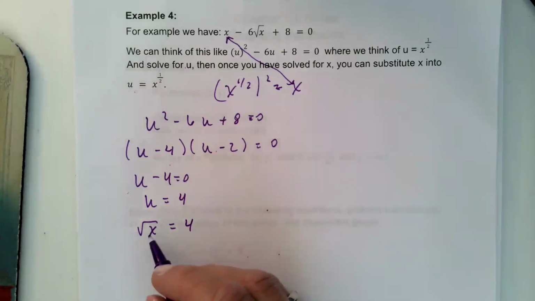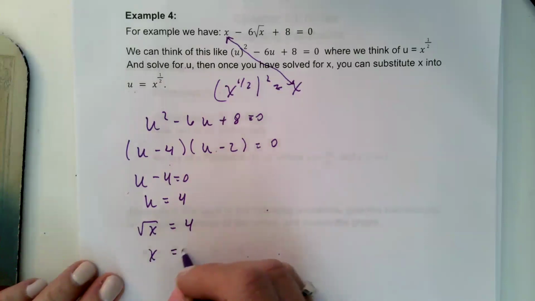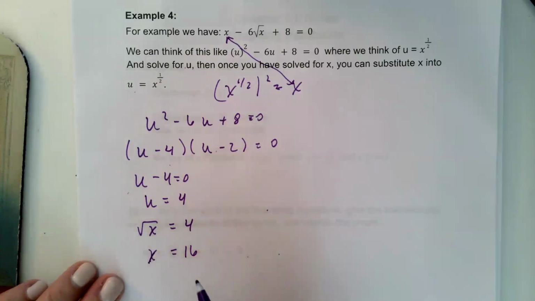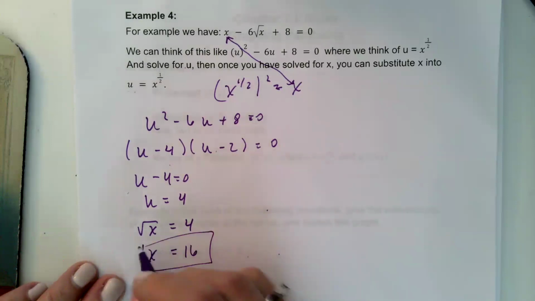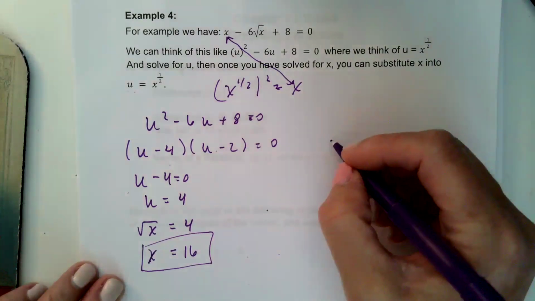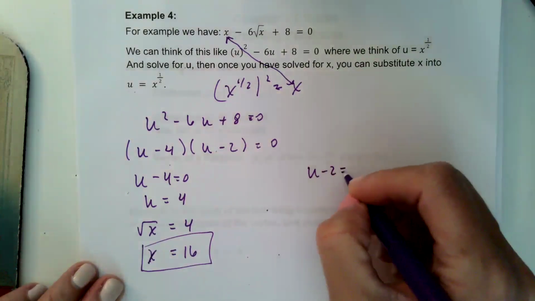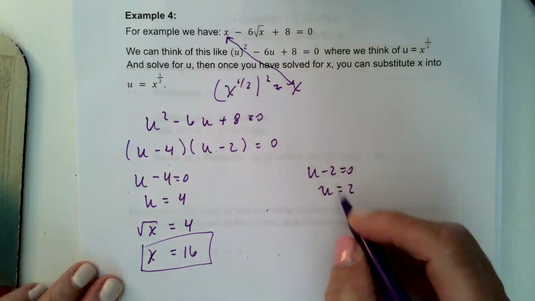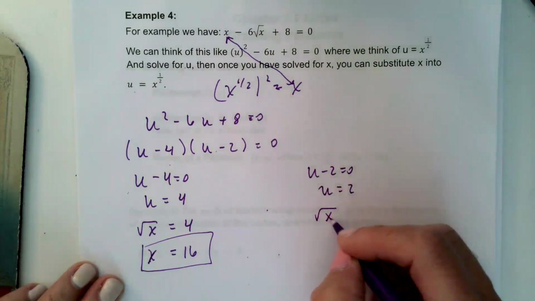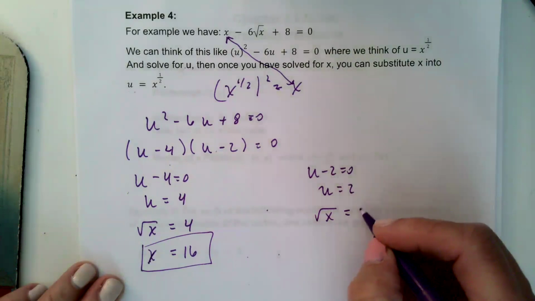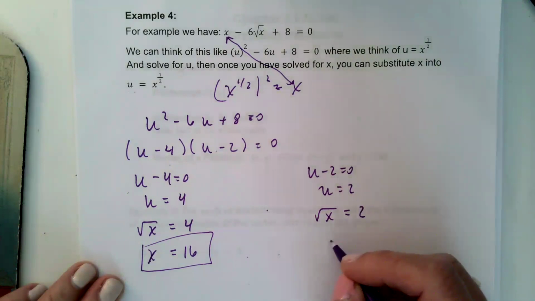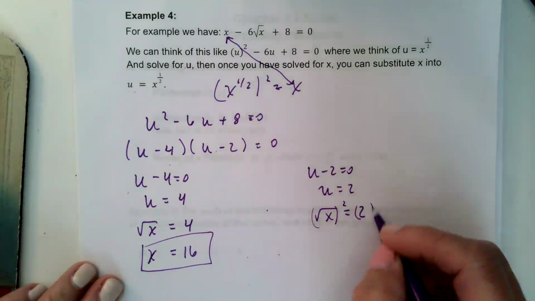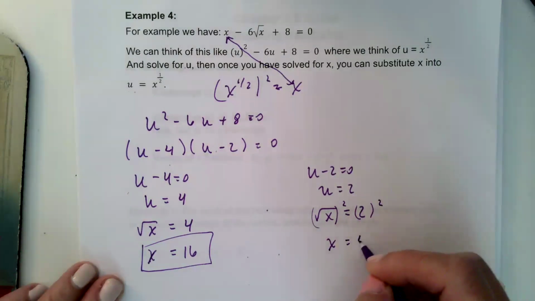So if we square both sides, x must be 16. And then over here, we have u minus 2 equals 0, u equals 2. And again, the square root of x equals 2, and if we square both sides, x must be 4.